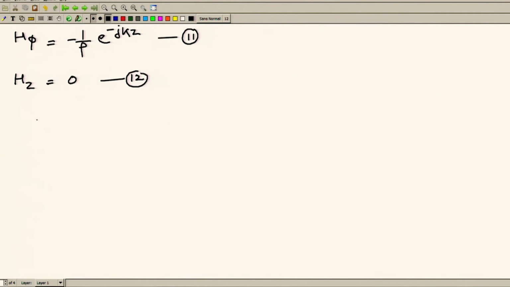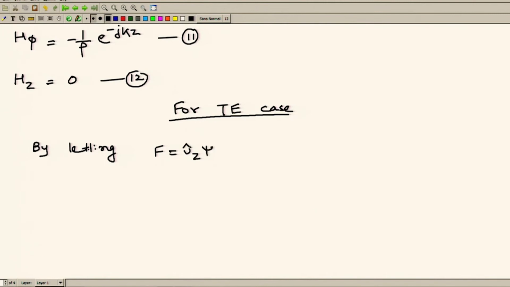Okay. Similarly, for TE case, we can obtain the fields similarly by letting F as u z psi.